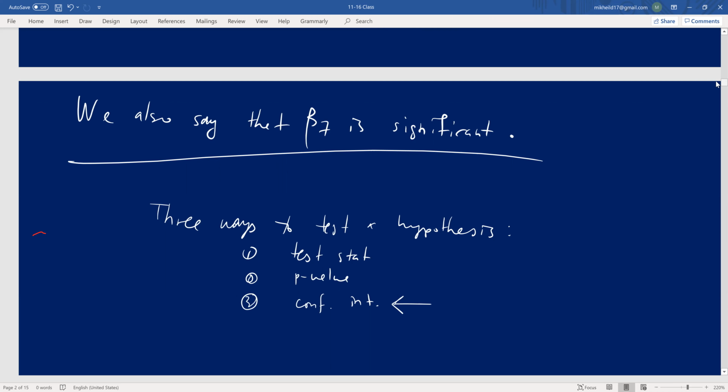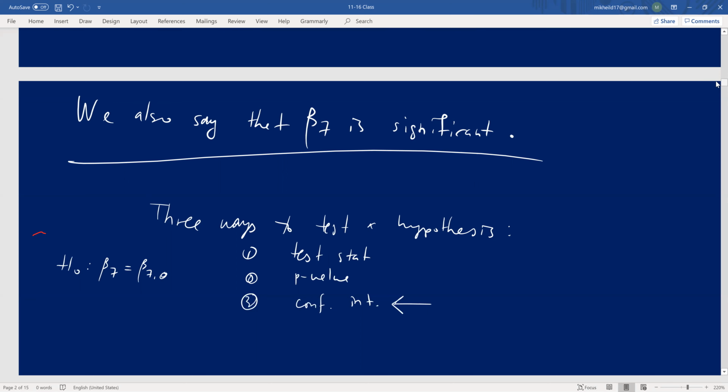So can you tell me when would you reject H null? If the hypothesized value falls outside of the confidence interval, it means that you would fail to reject H null. No? You said inside or outside?